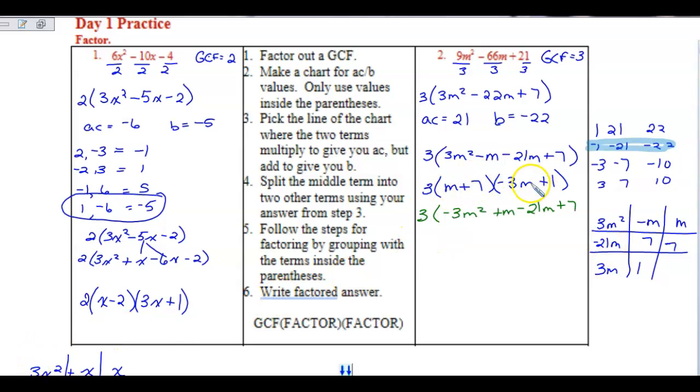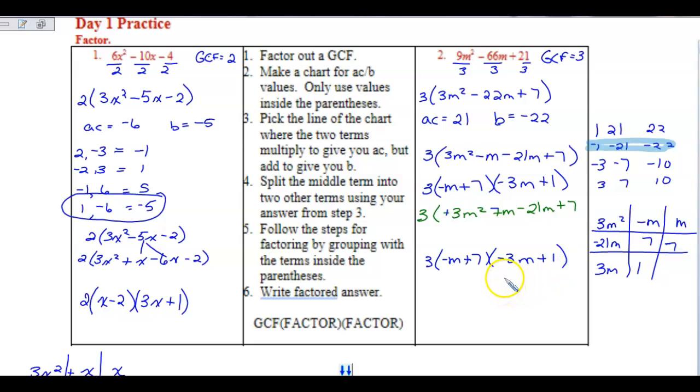When I multiplied this out, I got a negative 3m and I needed a positive, and I got a positive m and I needed to have a negative. The way to fix that would be to make this a negative, because then that would make that positive and that would make that negative. So our answer is 3 times negative m plus 7 times negative 3m plus 1.